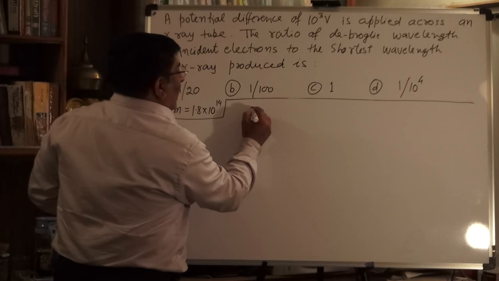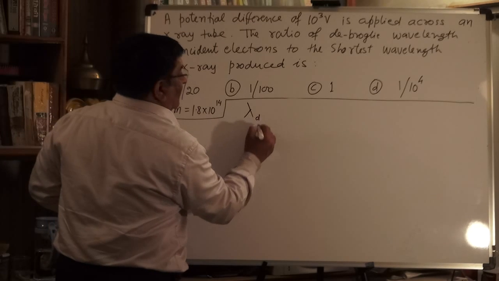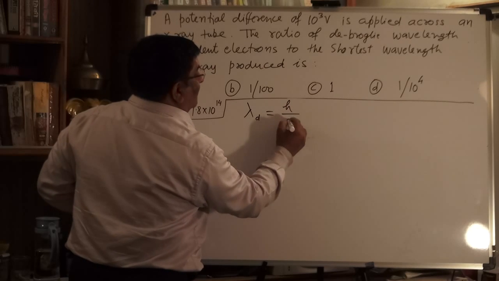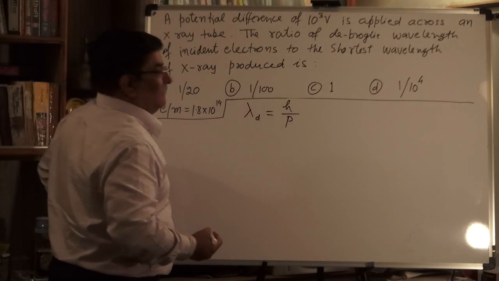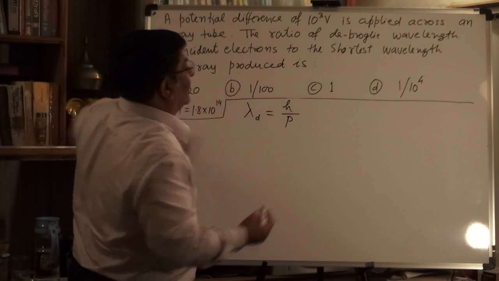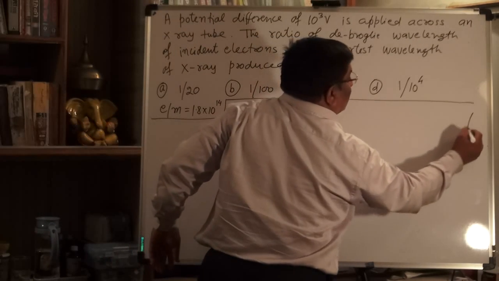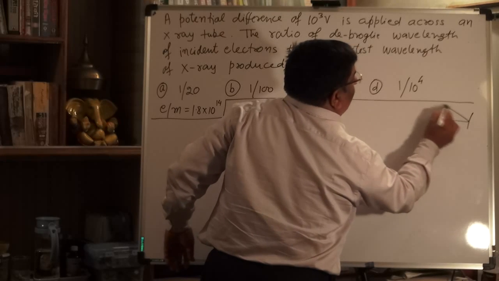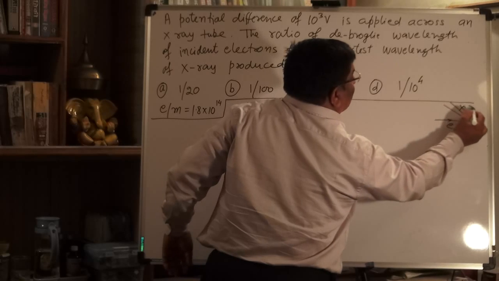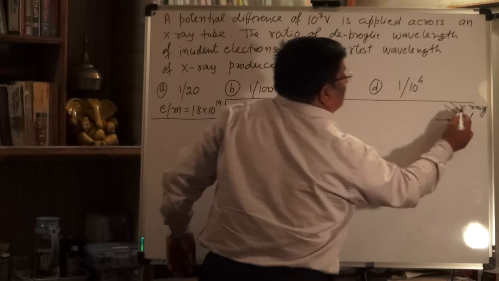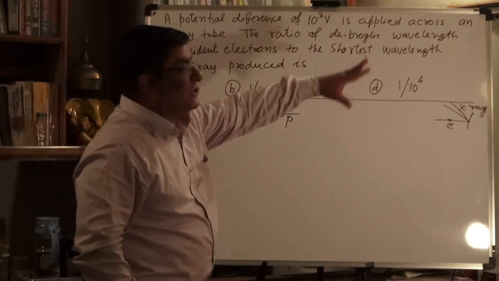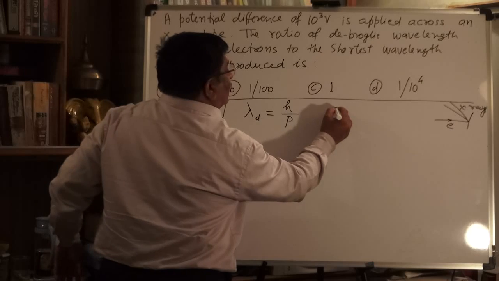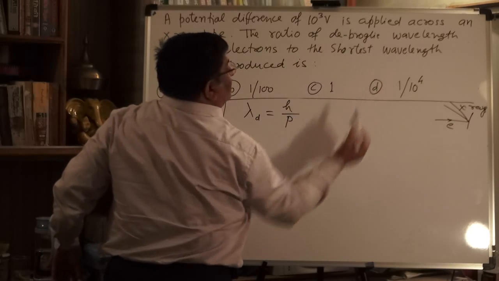We know that de Broglie wavelength is given by h upon p, where p is momentum. This is the de Broglie wavelength of the electron which will strike. The electron will strike and there will be X-rays. These X-rays are radiation and have a wavelength, the shortest wavelength.